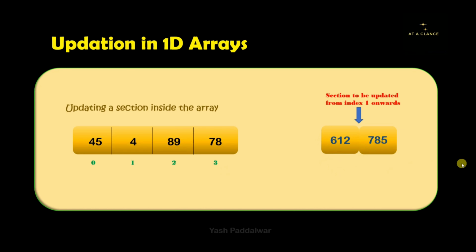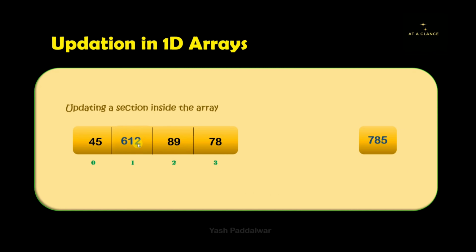Always make sure whenever you are going to update a particular section, you need to first iterate over that section, and one by one you need to update that with the existing elements. So let's take the first element in the section and update it with the concerned position. Here our concerned position is index 1.